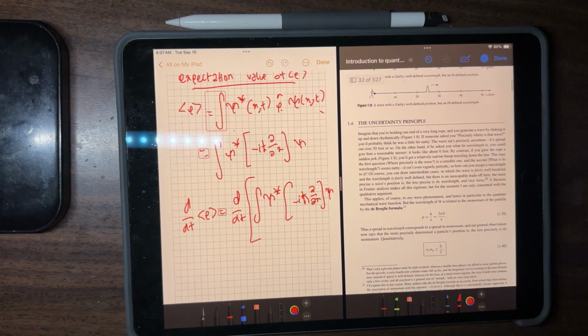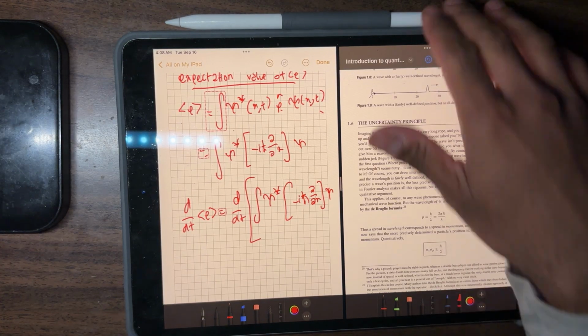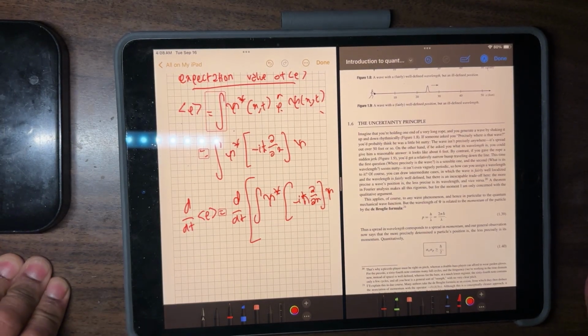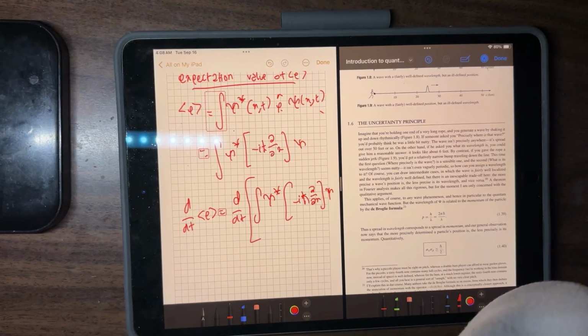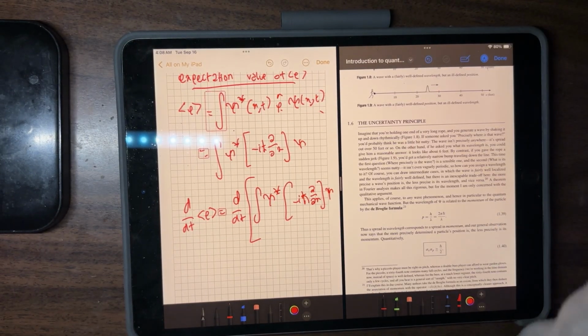Oh yeah, it is pretty slow, I'm going to be very honest. Anyways. So expectation value of p is what? Bro, how do you get that minus iota?